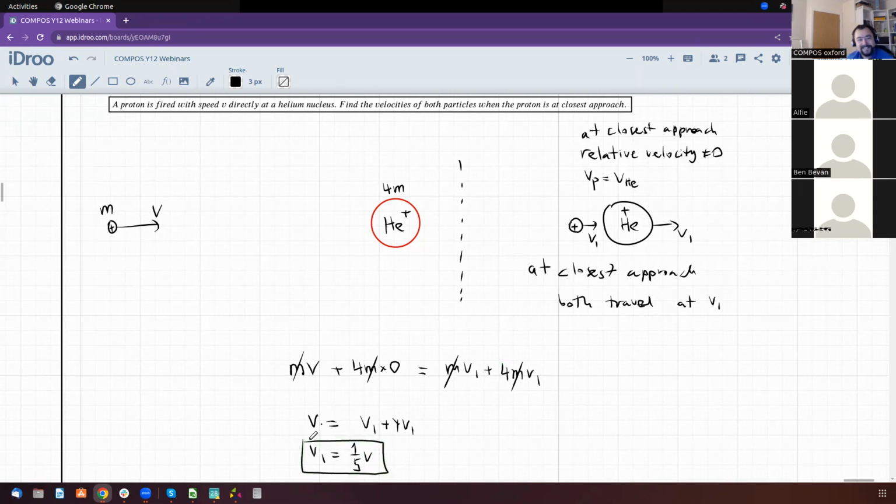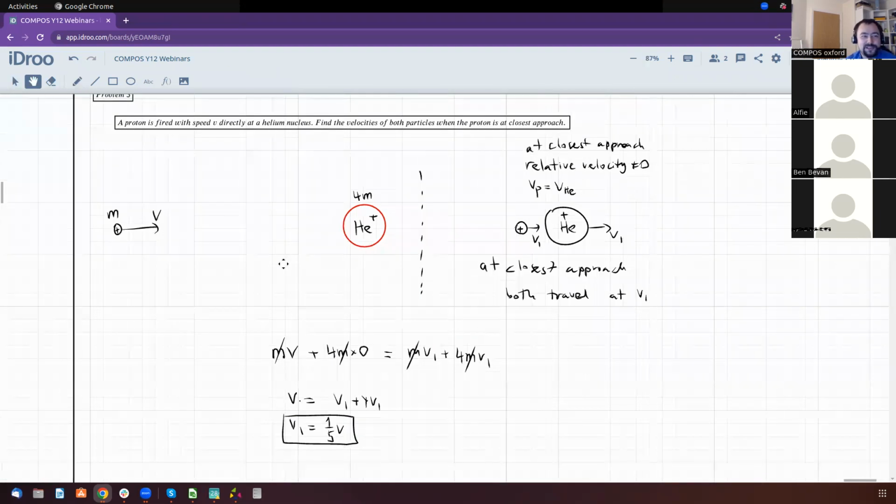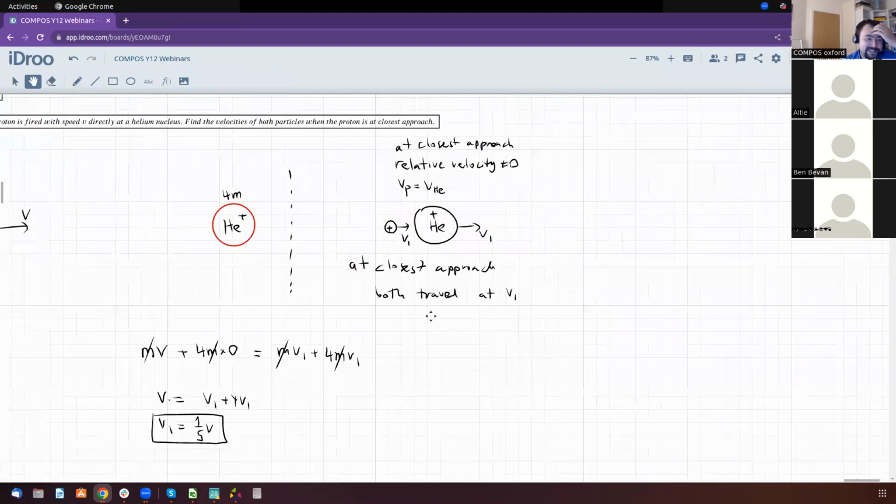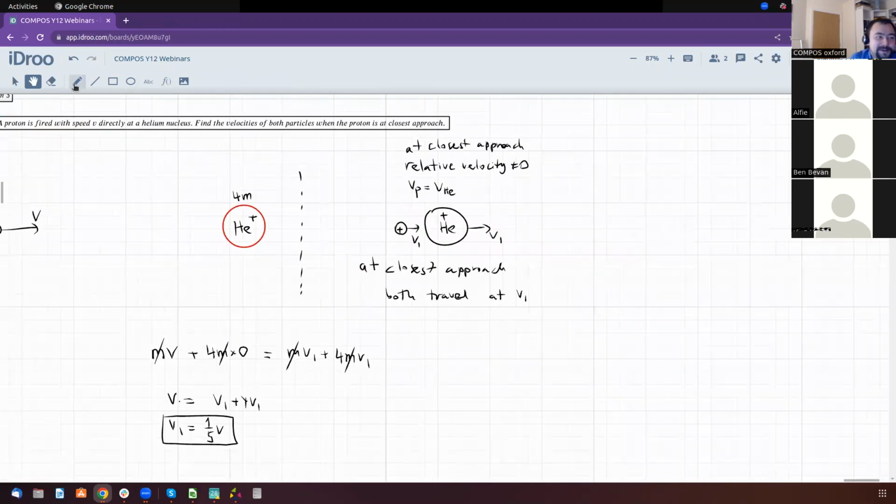I love this question because if you Google closest approach, you will see equations like this.